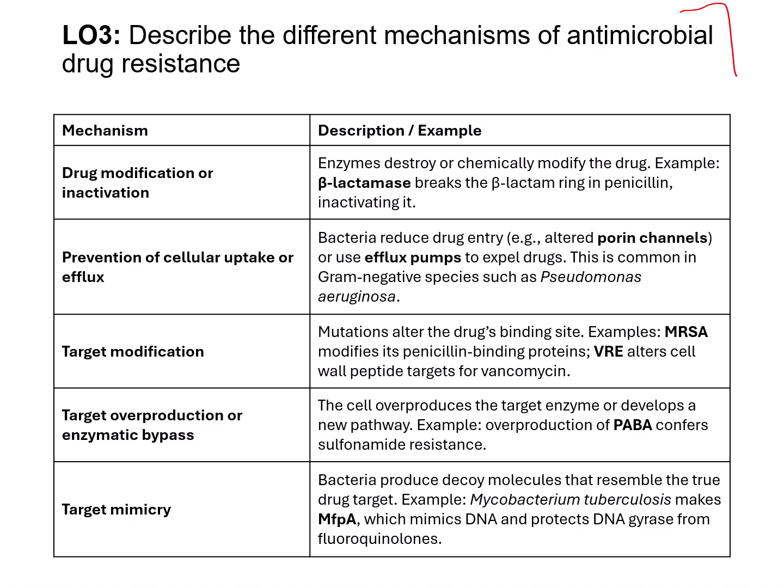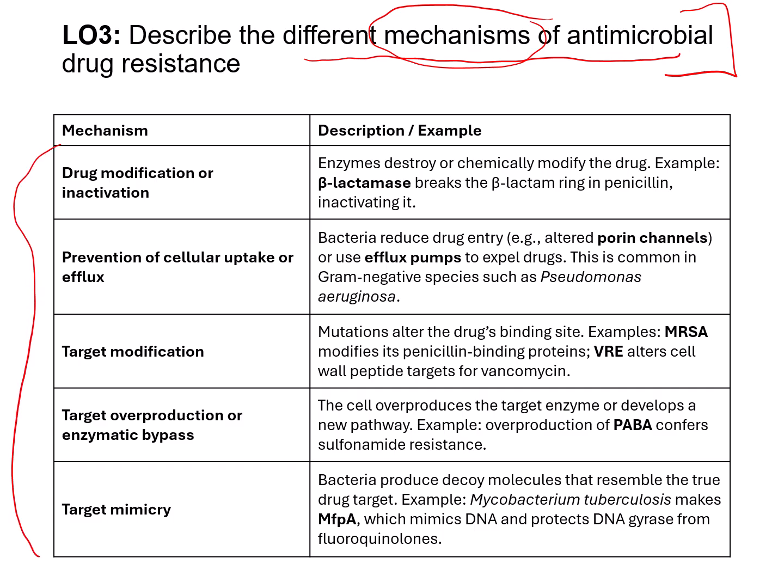The third learning objective asked us to describe the different mechanisms of antimicrobial resistance, which we have here. So we saw that some microbes can modify the drug, such as having beta-lactamase, which inactivates our penicillin drugs. They can prevent the drug from being taken in or simply pump the drug out using those efflux pumps. Sometimes the microbe will modify the target, such as MRSA, that modifies its penicillin binding proteins.